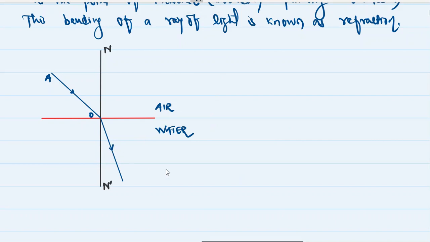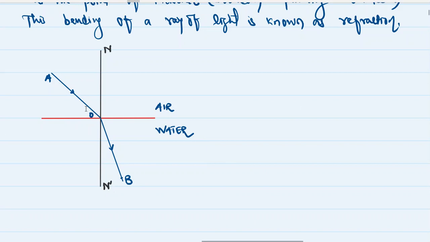It bends and it becomes OB, the refracted ray. Do you see what is happening? This ray of light is entering from air to water, from one transparent medium to another, and at the point of incidence, at the boundary surface separating two media, it bends, it changes its path.